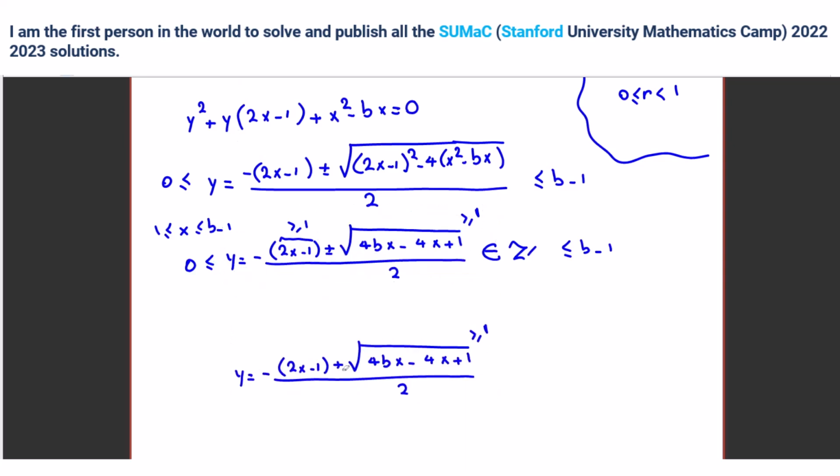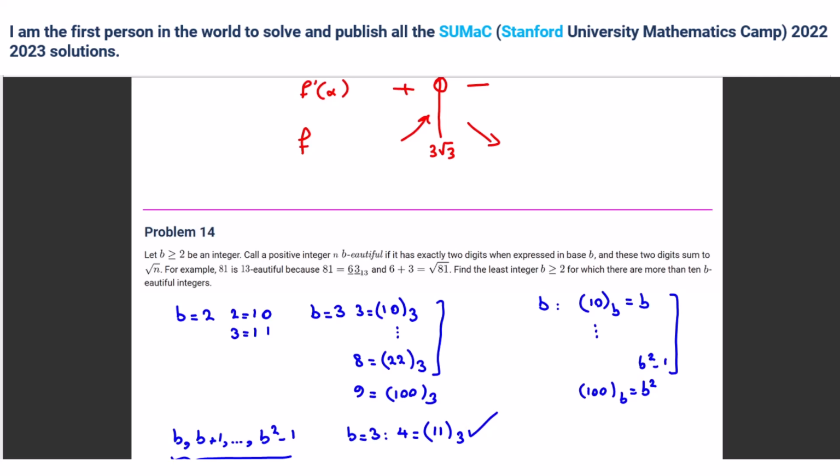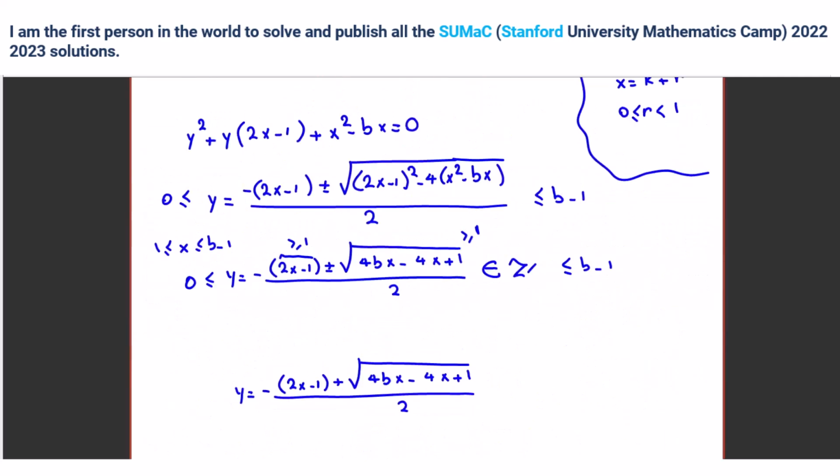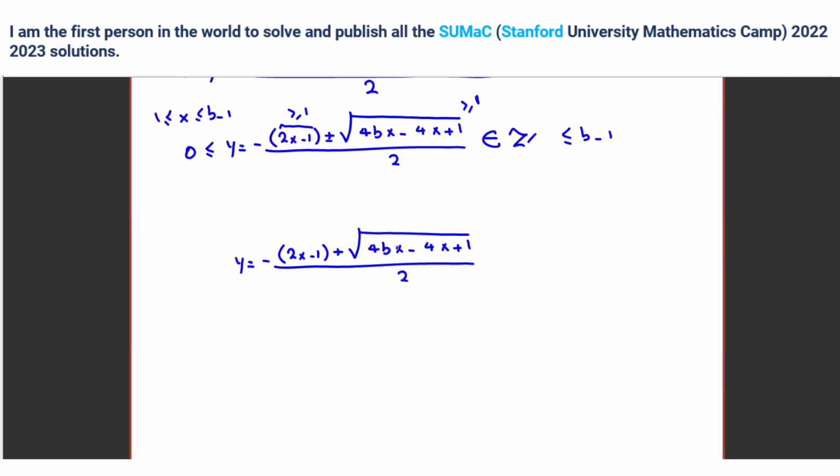Now the only thing that we should pay attention to is to find all values of b such that there exist how many values? 10 values. It says we need 10 beautiful numbers, right? There are more than 10. We need at least 11 beautiful numbers. So we should find those b for which we have at least 11 x's making it a perfect square, right?